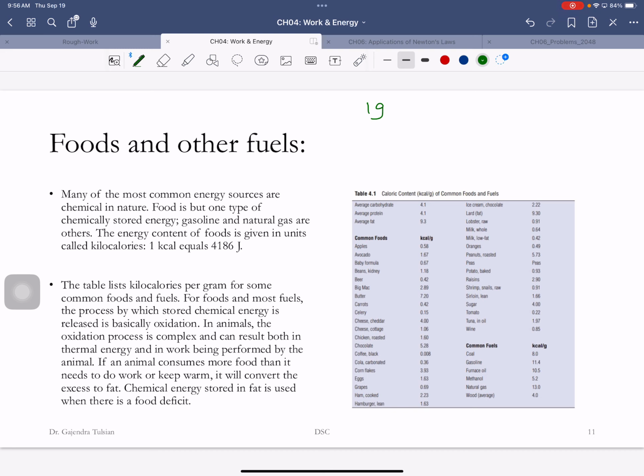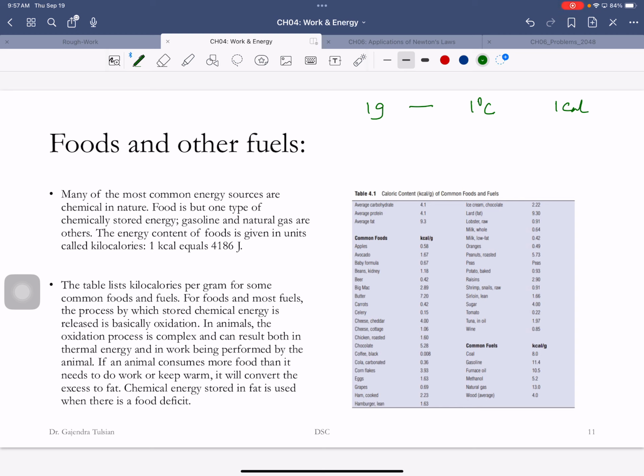The heat needed to raise the temperature by 1 degree Celsius, which is about 2 degrees Fahrenheit. To warm that much water by 1 degree Celsius, you need 1 calorie of heat. That's the definition of a calorie.